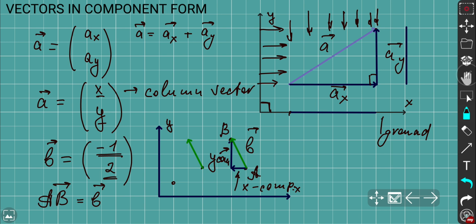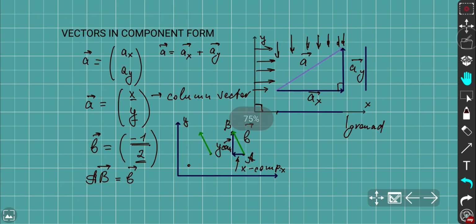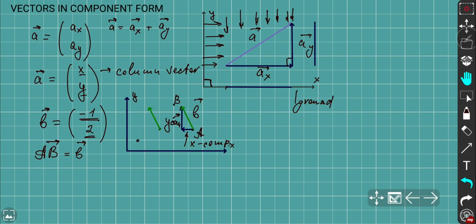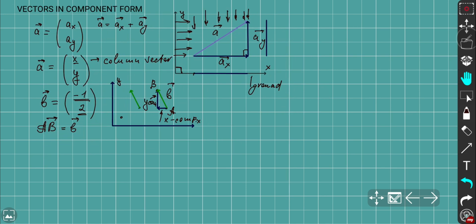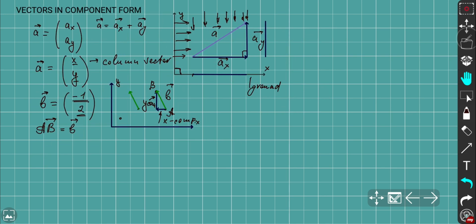But what if you're given some points? Let's say you're given some points. In this case, I just simply demonstrate how it might work. If you have, let's say, 2 points and you want to arrange the vector using the starting point and ending point.